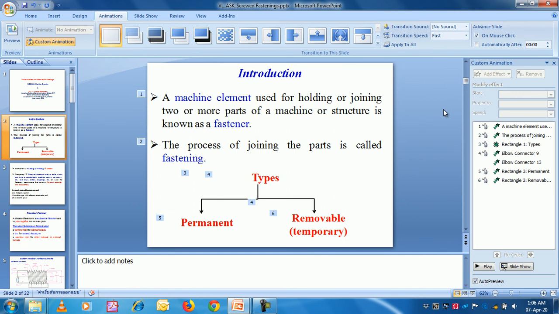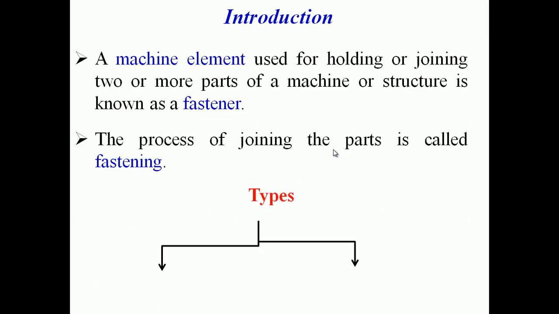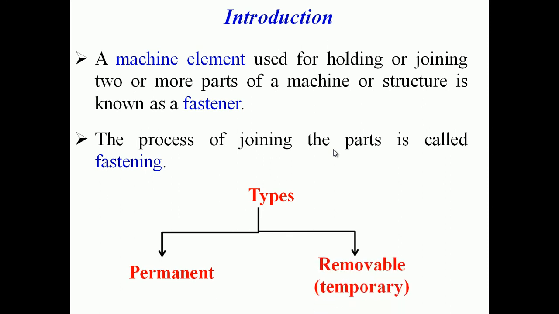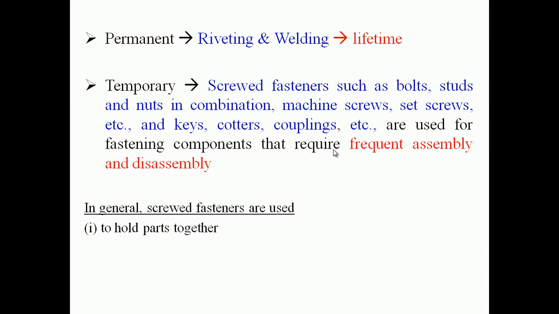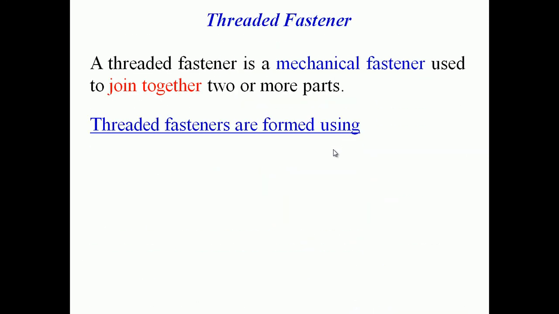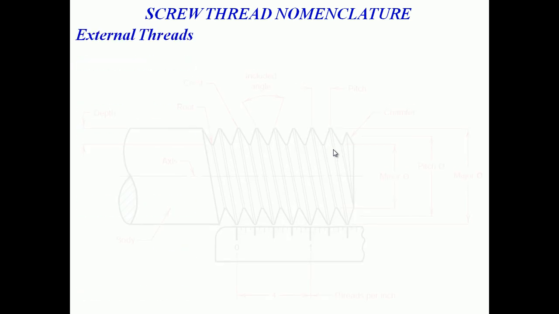I want to say a few things about this class. Today we have seen an introduction about fasteners, fastening, types, what are permanent and temporary fasteners, and screw fasteners, and threaded fasteners and how they are formed, the tapping tool for internal threads, the die for external threads, the machine tool for both internal and external, and screw thread nomenclature, external threads.